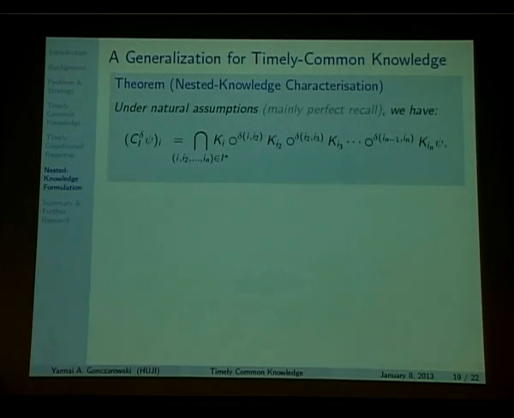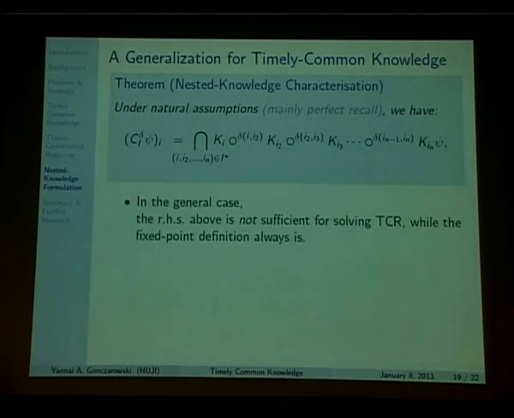So, okay, why bother with all the fixed points if I can do this? Well, because of what I've written here in gray: under certain natural assumptions, maybe perfect recall, we need some assumptions for this. In the general case, if we don't make any assumption, then responding according to this, L responding when it knows that in 7 from now, and so on and so forth, will not solve the timely coordinated response problem.